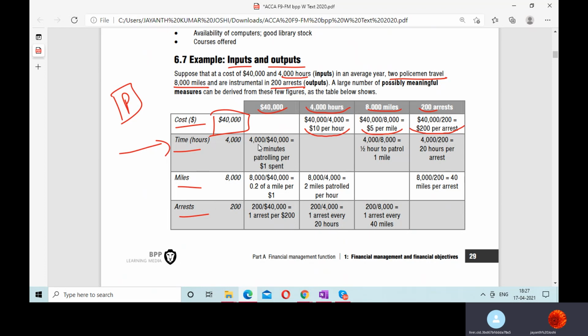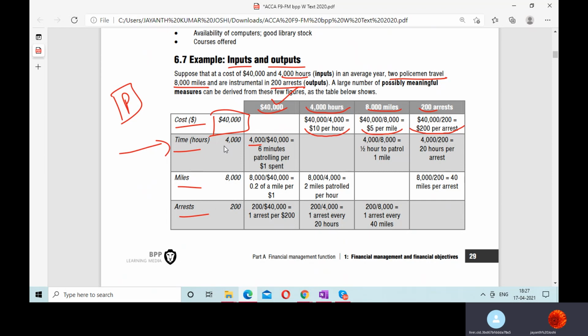In the same way, you can look at it like this. Time, 4,000 hours divided by 40,000, because what is the base has to be taken in the numerator. What you give importance to comes in the numerator. Here hours are important for us.